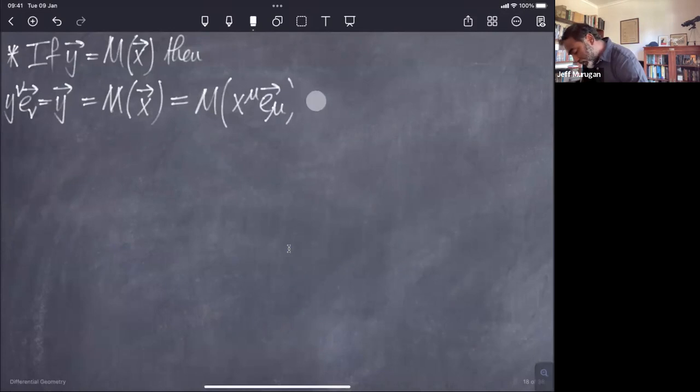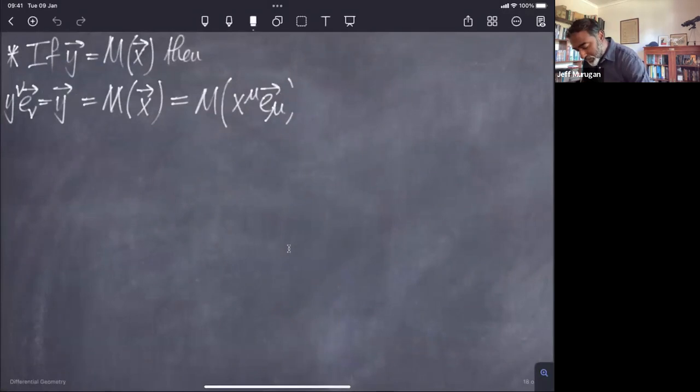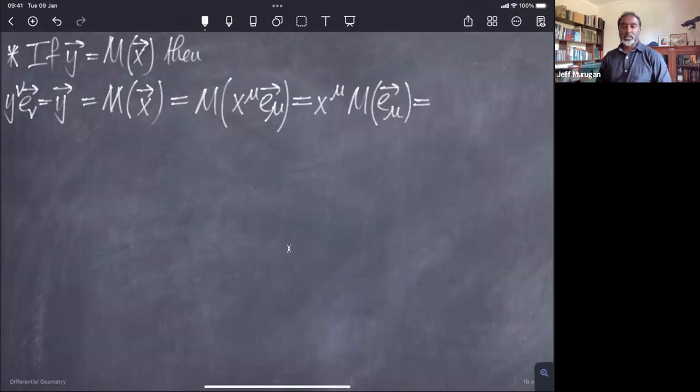M acts on vectors, so I can pull the x mu outside. That's just x mu, M acting on E mu. And we just decided that M acting on E mu produces M nu mu E nu. So that's x mu, M nu mu E nu.